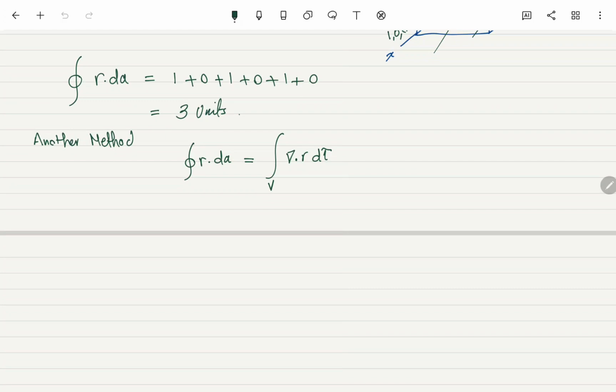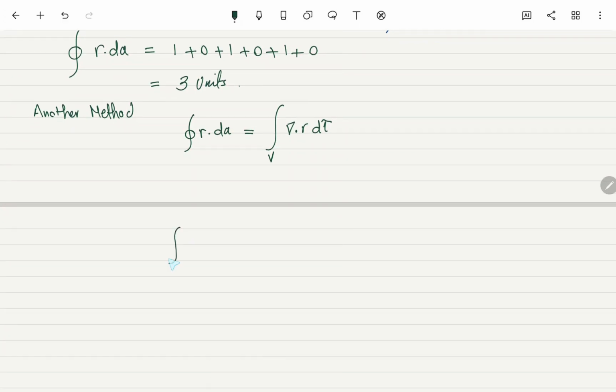So the closed surface integral of r dot d area is equal to the integration of 3 d tau, and d tau is equal to dx dy dz from 0 to 1.